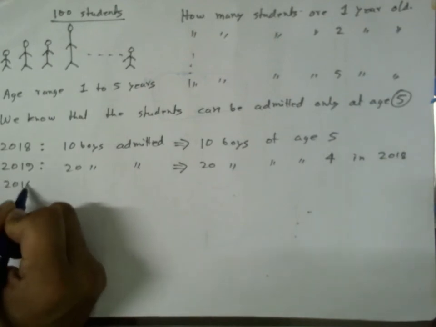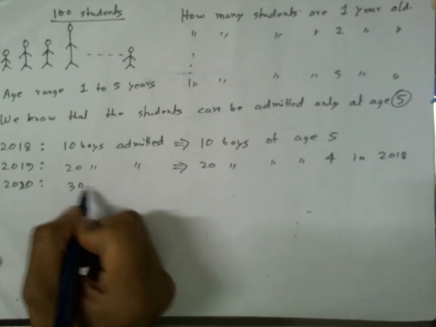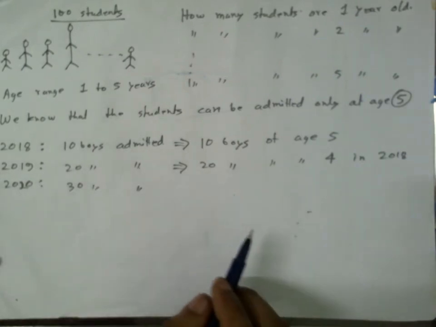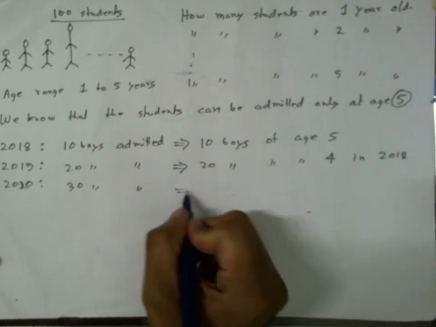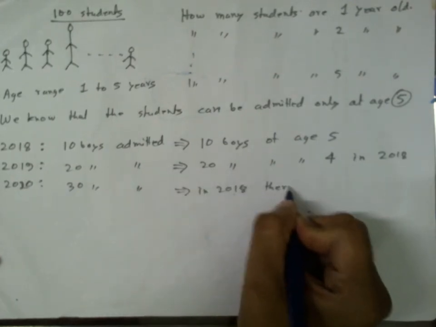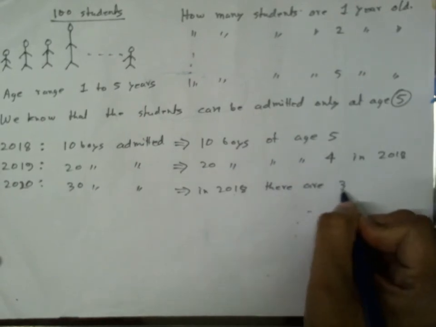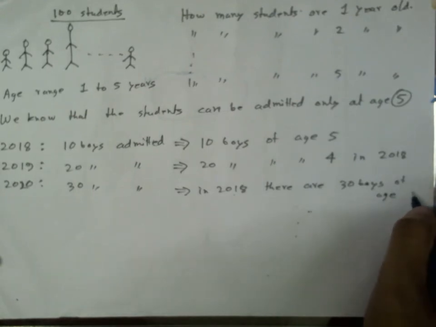Similarly, I have to wait till 2020 to see how many boys are admitted, and if 30 boys get admitted in 2020, that means today in 2018 there are 30 boys of age 3.